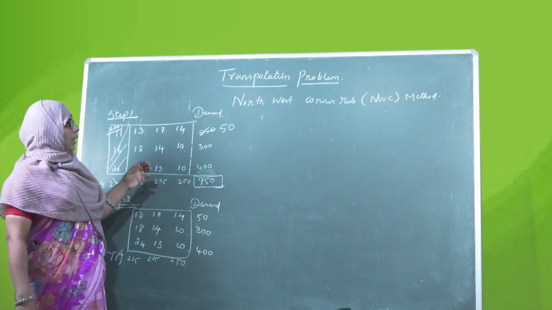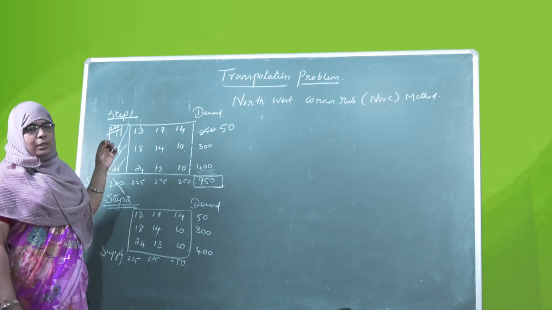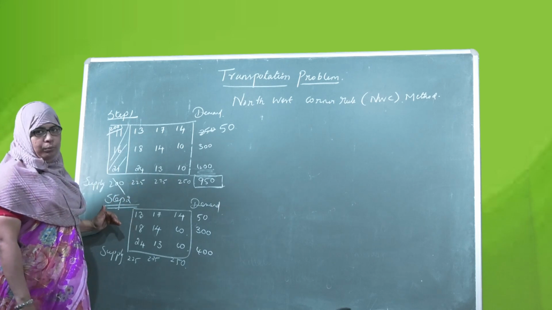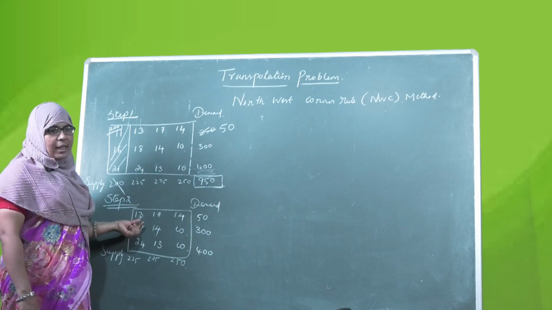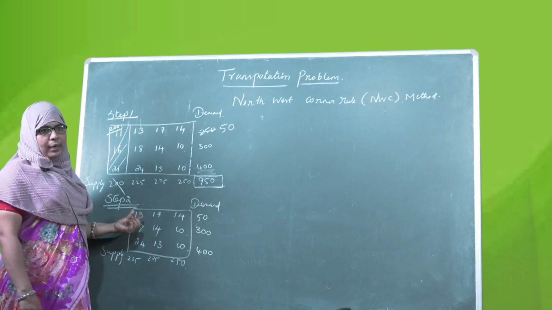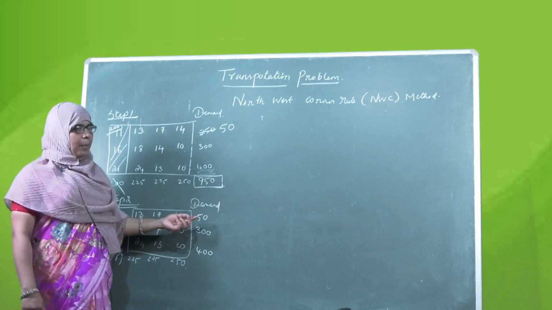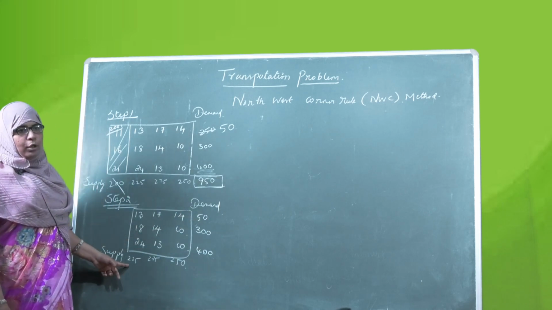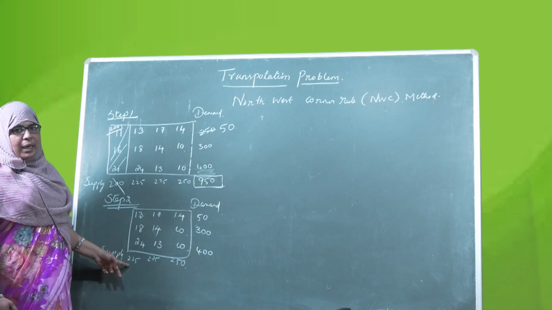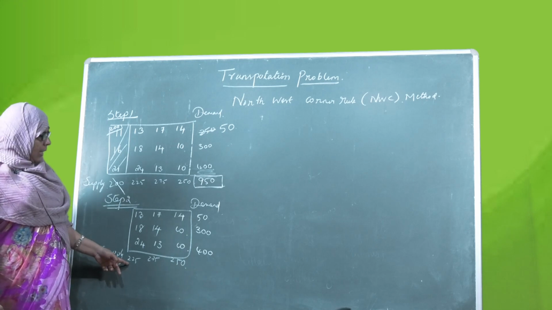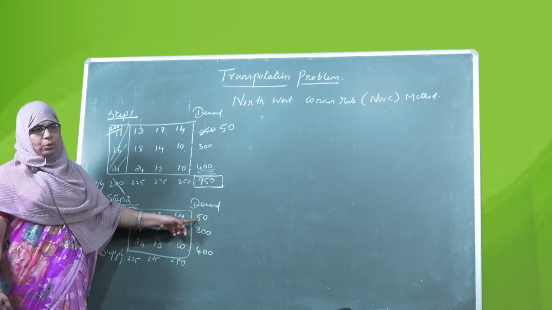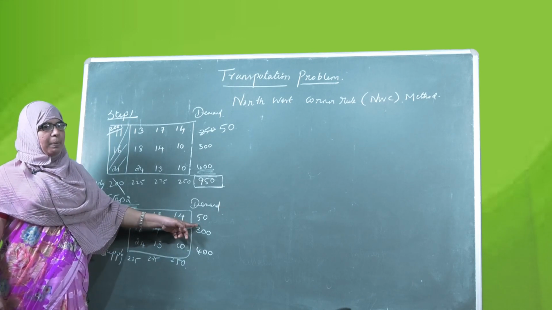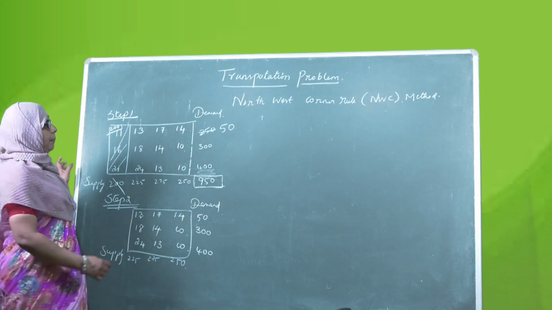The 13 is the northwest corner element in step 2. Its row element is 50 and its column element is 225. Which one do we allocate? The minimum: of 225 and 50, 50 is the minimum.